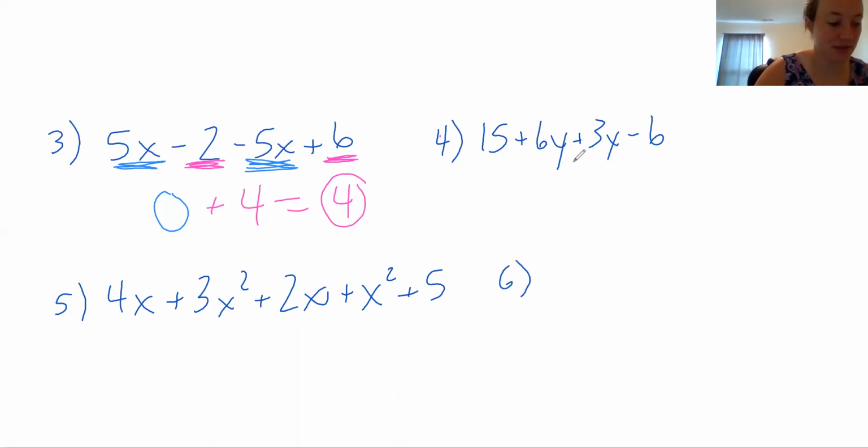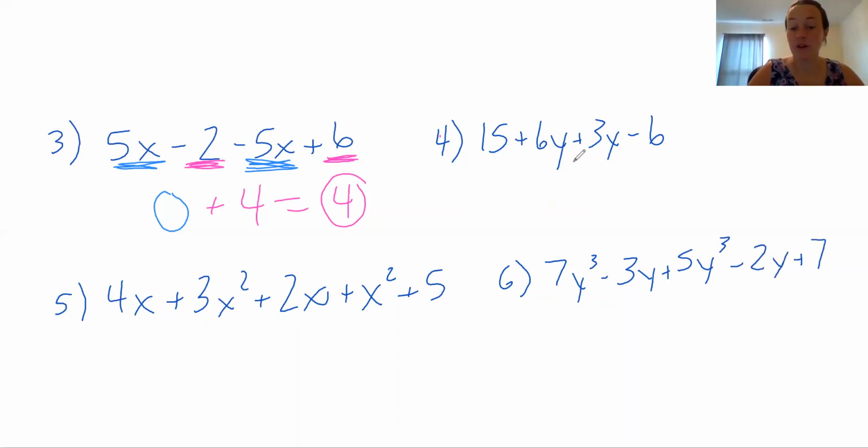So example 6, 7y to the third minus 3y plus 5y to the third minus 2y plus 7. Again, write those 3 examples down for me, pause this video, and then we will check back in and see how we did.